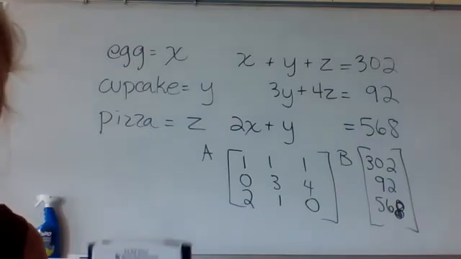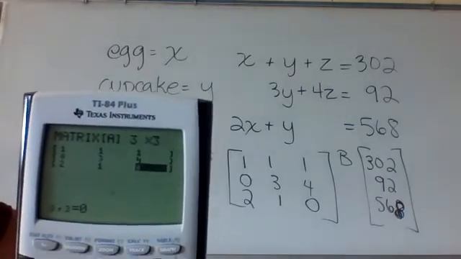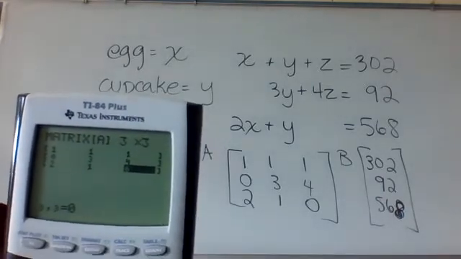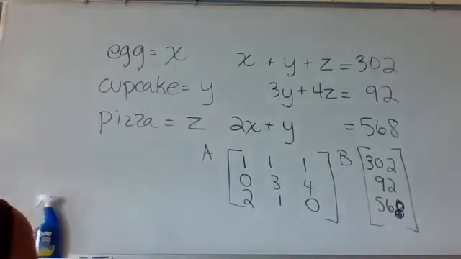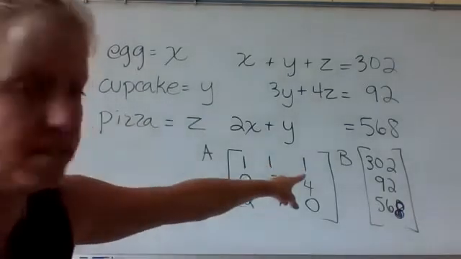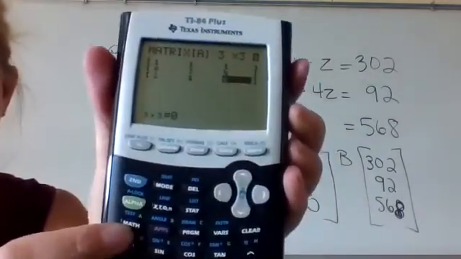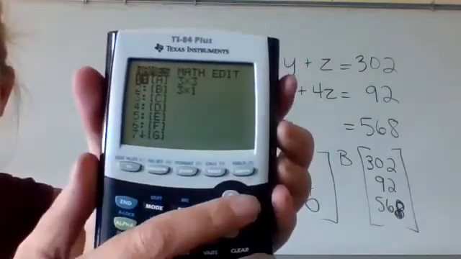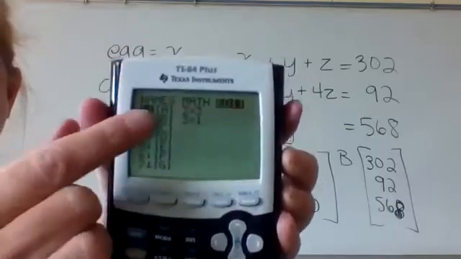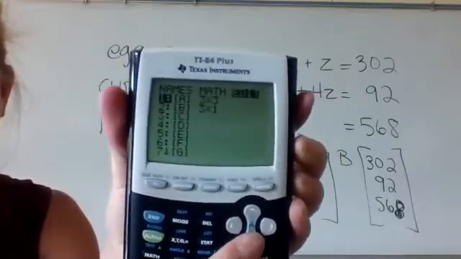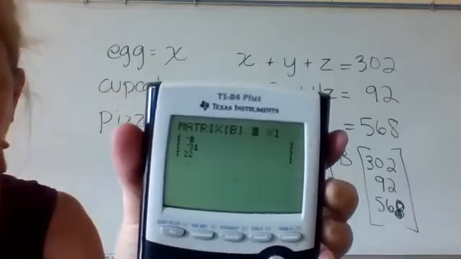So again, you're just making your first matrix match the first matrix on the board. The second one, I need to edit and put in matrix B. So second matrix, over to edit, and make sure you go down to the B and hit enter.